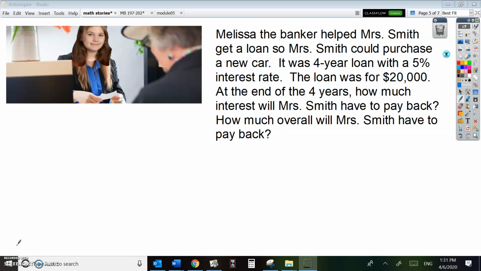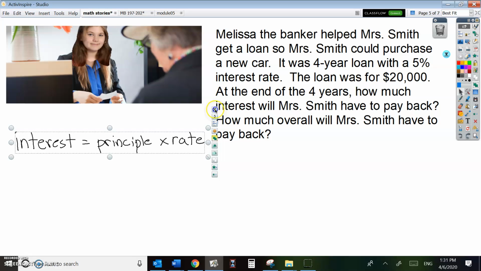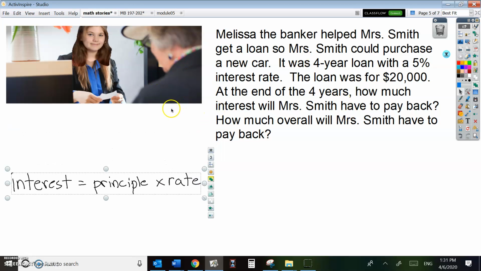There are several questions here. Let's figure out which ones. First, let's figure this out. Interest equals principal times rate times time.